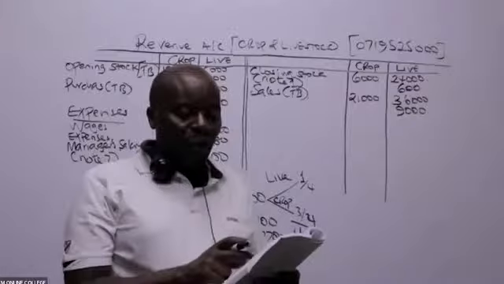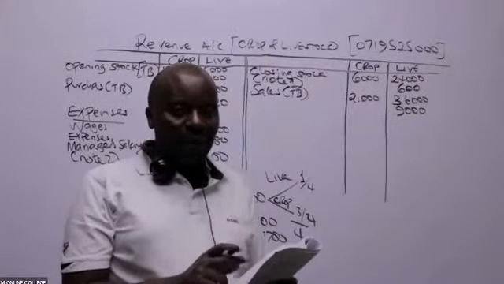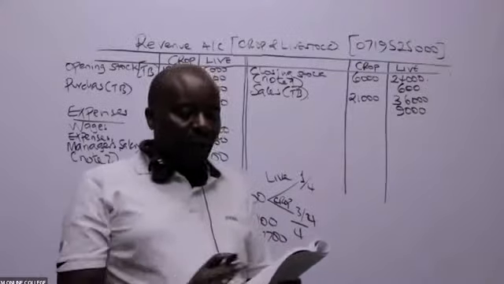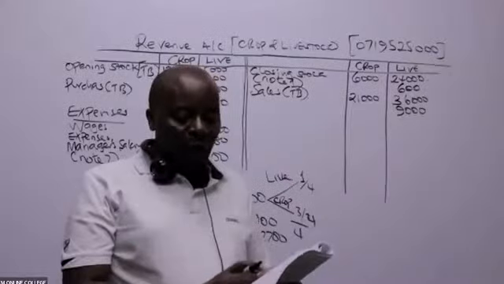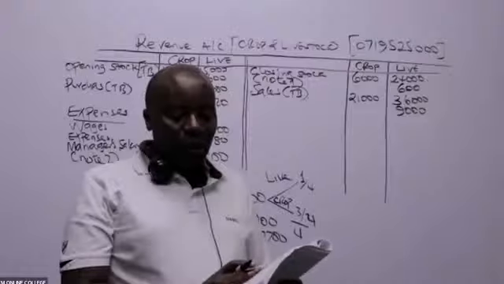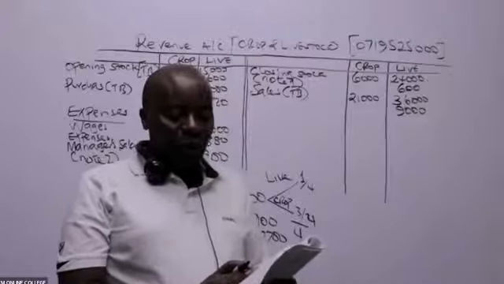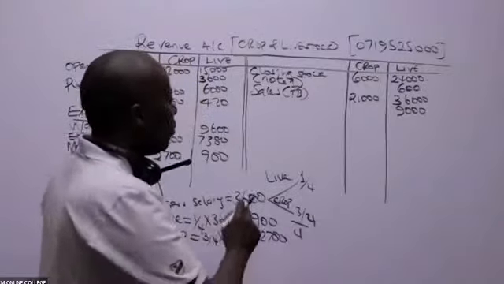Note 4, insurance prepaid amounted to 240,000 and is to be charged to the general income statement. That is the general income statement, not revenue accounts. Then note number 5, manure: manure worth 180,000 was used in the farm, while farm crops used to feed the livestock were valued at 390,000. Let's work with manure first.